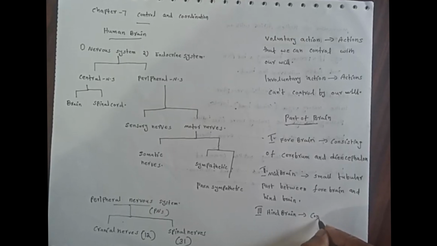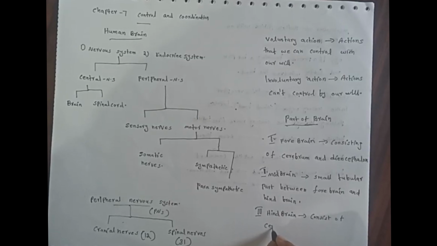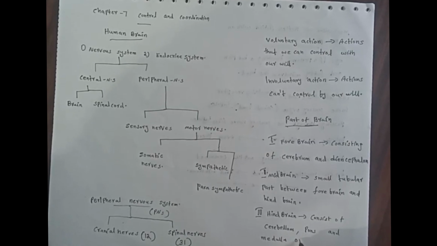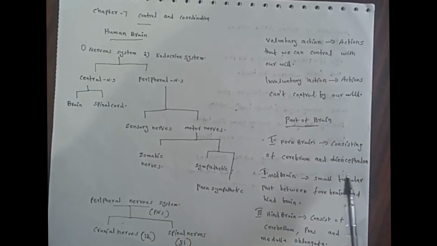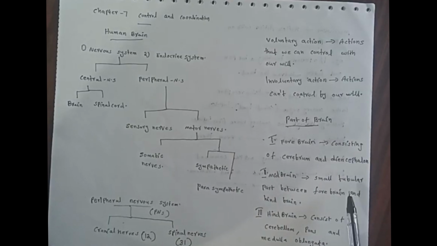To recap the parts of brain: forebrain consists of cerebrum and diencephalon. Midbrain is a small tubular part between forebrain and hindbrain. Third part, hindbrain consists of cerebellum, pons and medulla oblongata.